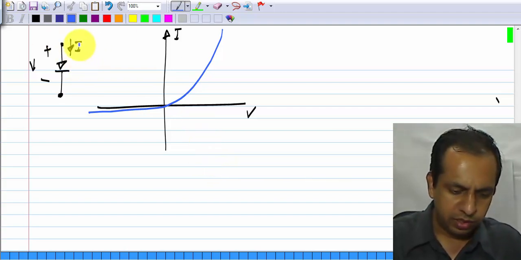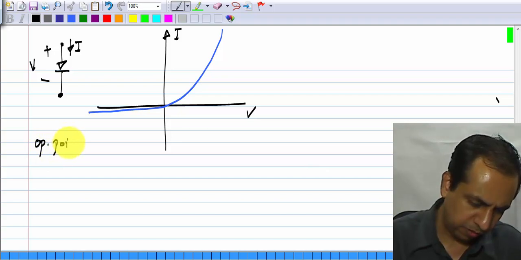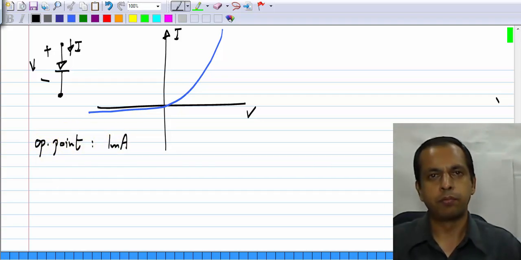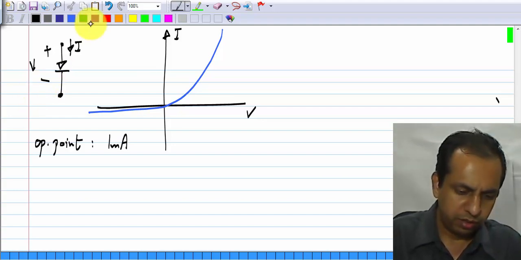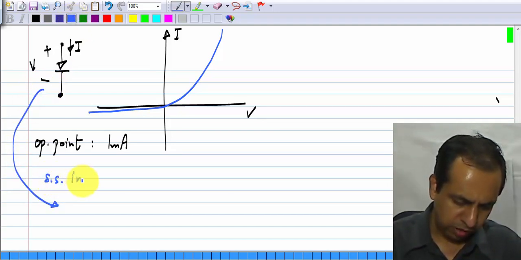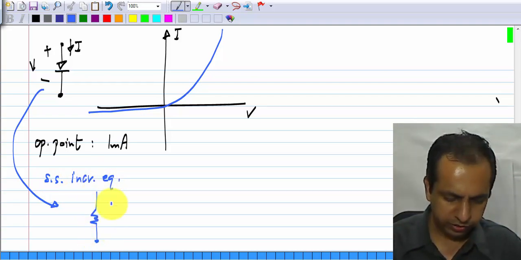And let us say it is biased at a current, or the operating point current is 1 milliamp. We also know that the small signal incremental equivalent is a resistor.